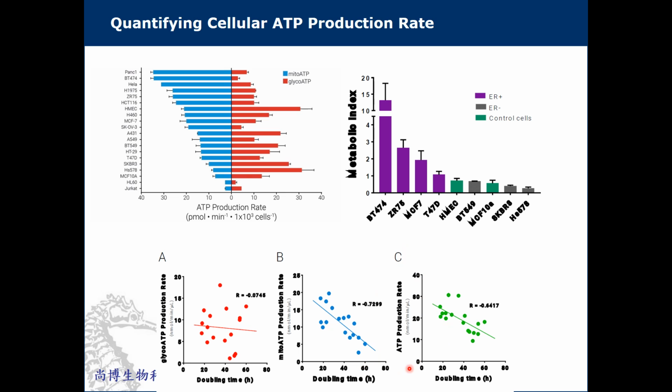It is also related to the total ATP production rate, but it relies mostly on the mito ATP, but not glyco ATP. So it is a very useful and interesting kit, and it will let you know more than the usual traditional ATP assay kit.